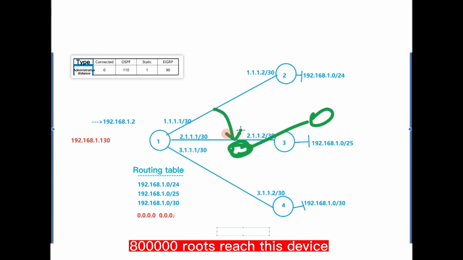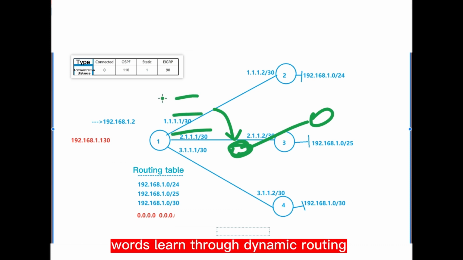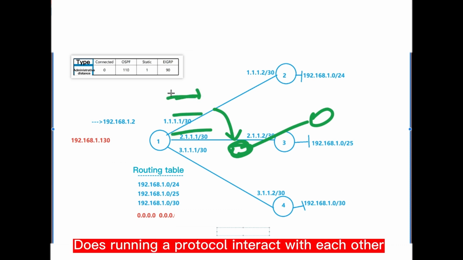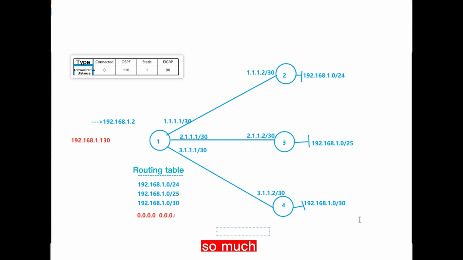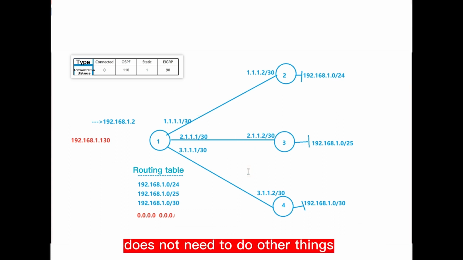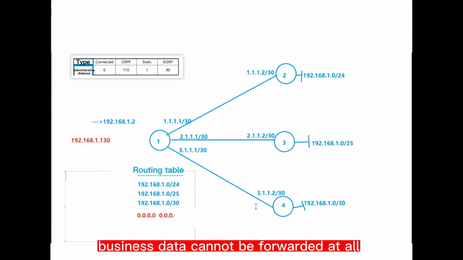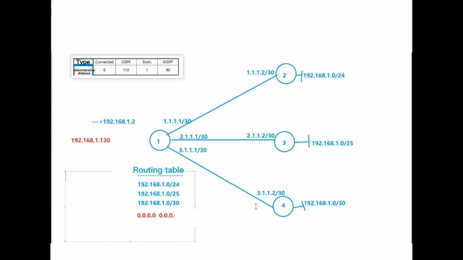How can more than 800,000 routes reach this device? If learned through dynamic routing, running a protocol and interacting so much, then the overall bandwidth is used just interacting routing tables, and business data cannot be forwarded at all.